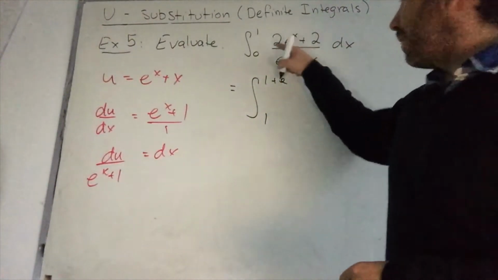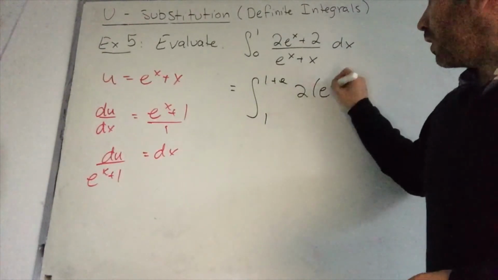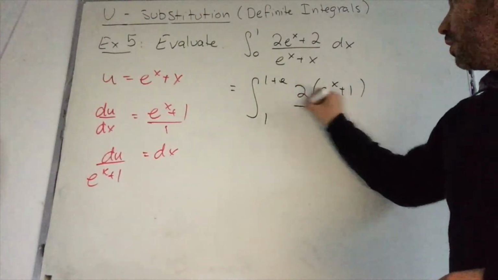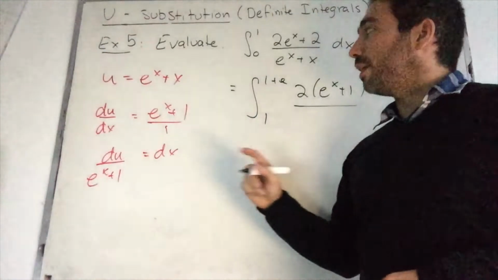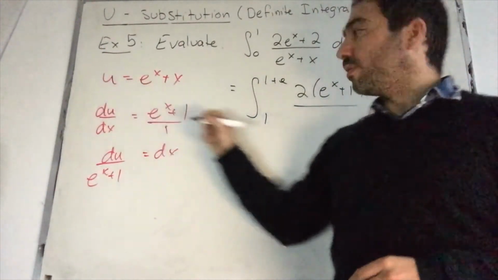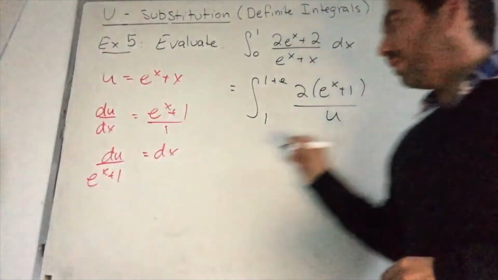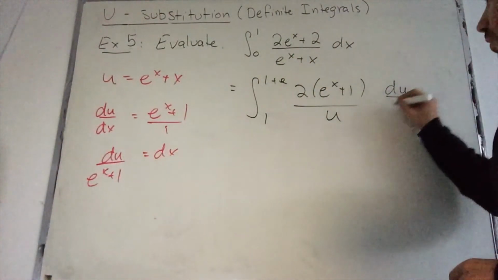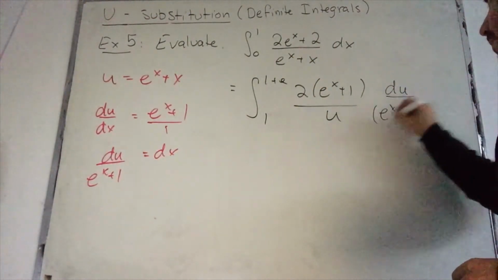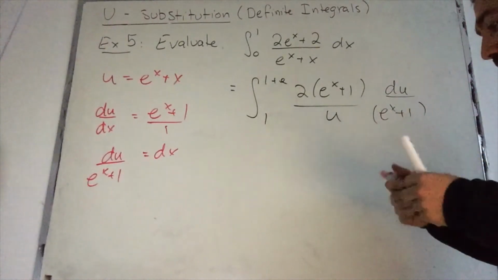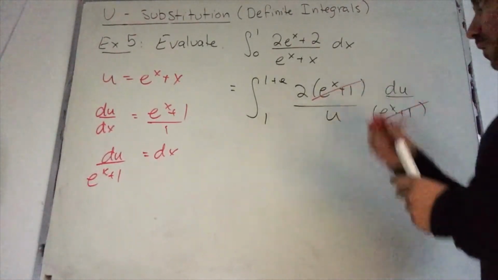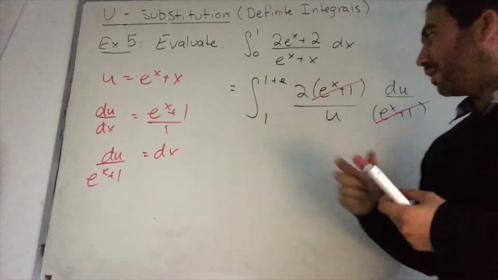And on the top, let's factor out the 2 right away, leaving us with e to the x plus 1 on the numerator. And on the bottom, we're left with e to the x plus x, which we called u. So substitute this with u. And dx is being replaced with du over e to the x plus 1. So the e to the x plus 1's cancel, leaving us with a 2 on top and a u on the bottom.